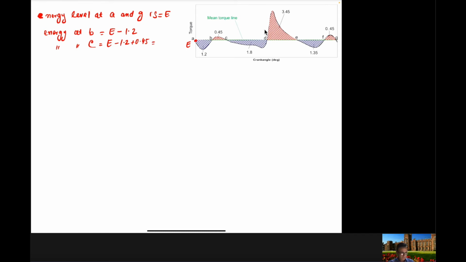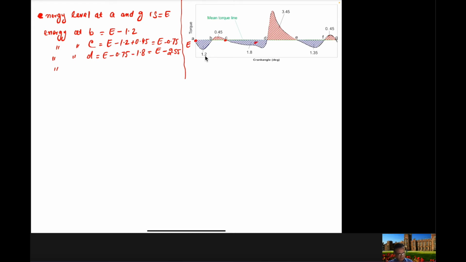So this will become E minus 0.75. And similarly, you calculate the energy at D now. This will become the energy at C, which is E minus 0.75, minus this negative energy here, which is 1.8. So what you will get is E minus 2.55.